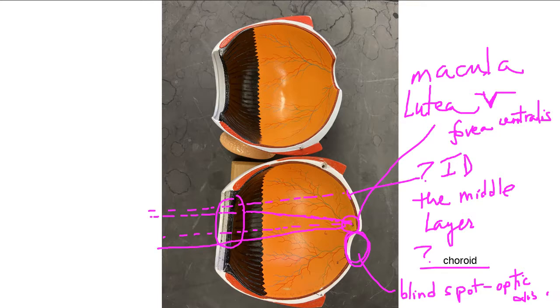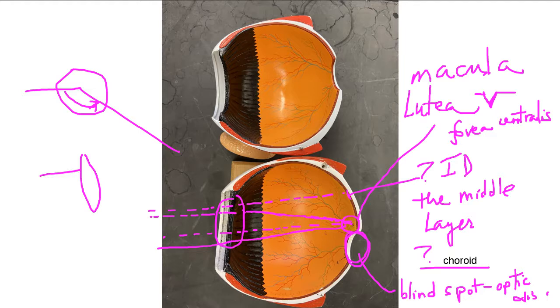How much of that refraction, of an angle, depends on the lens. If it's more like a ball, it's going to refract at a greater angle. If it's flat, it's less of an angle, like that.